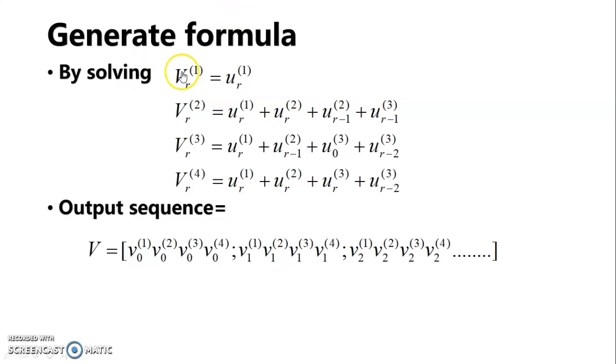Therefore, Vi1 represents the jth value. By solving these four formulas, the output sequence is represented by this formula.